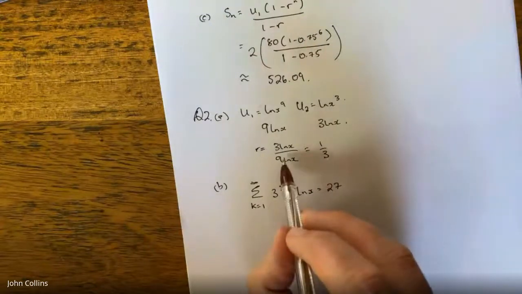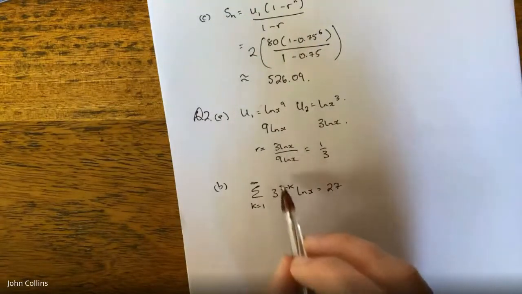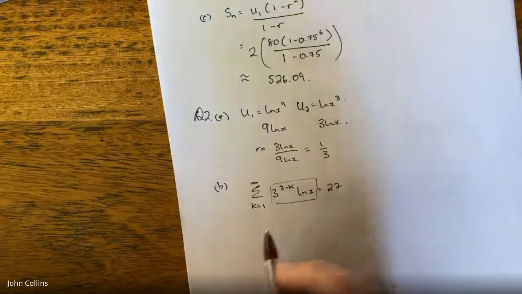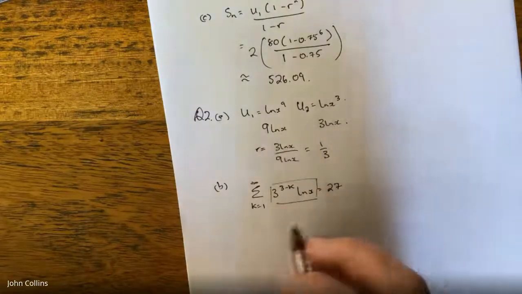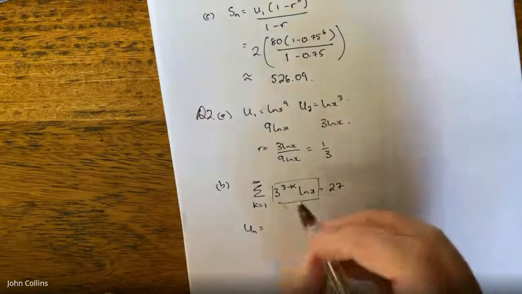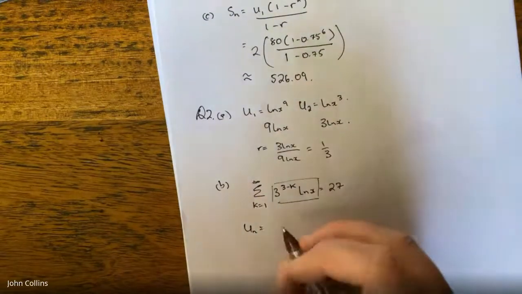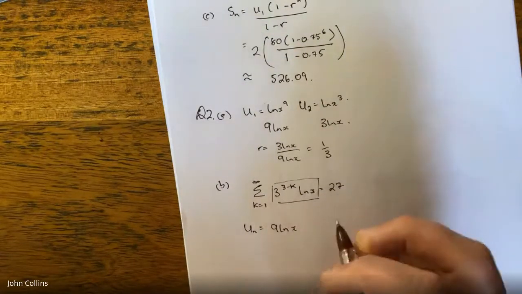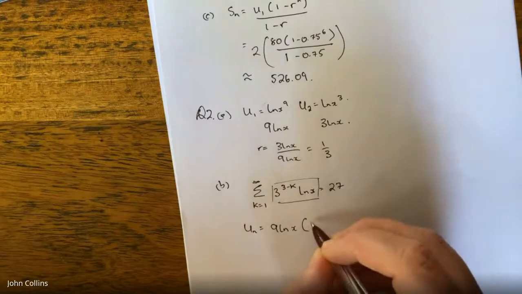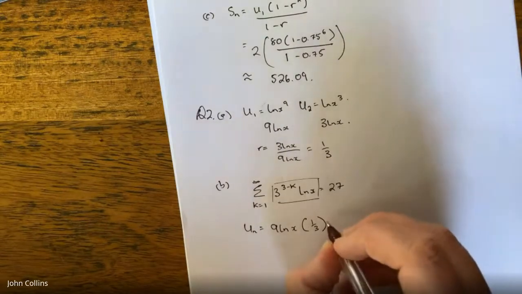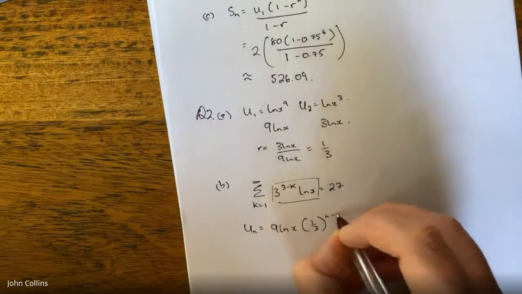Yeah, so it directly relates to the part above. We just want to look at this part. How does that relate to this? Well, if you find the nth term, based off the information we're given, we have 9 ln x, the ratio is 1/3, and it's n minus 1, because we're not entirely sure.